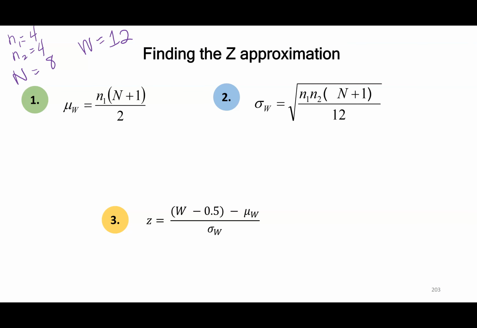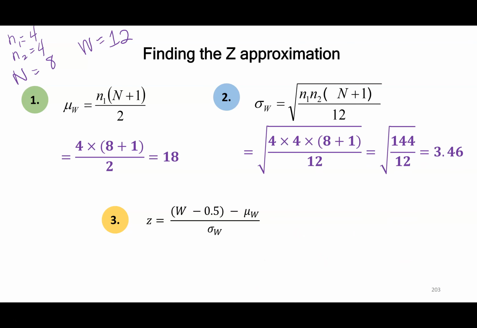So looking at mu W, the mean weight here, it's going to be 4 times (8 plus 1) over 2. I'm going to get 18. Then calculating sigma W, plugging in 4 times 4 times (8 plus 1) over 12, square root that, I end up getting approximately 3.46.